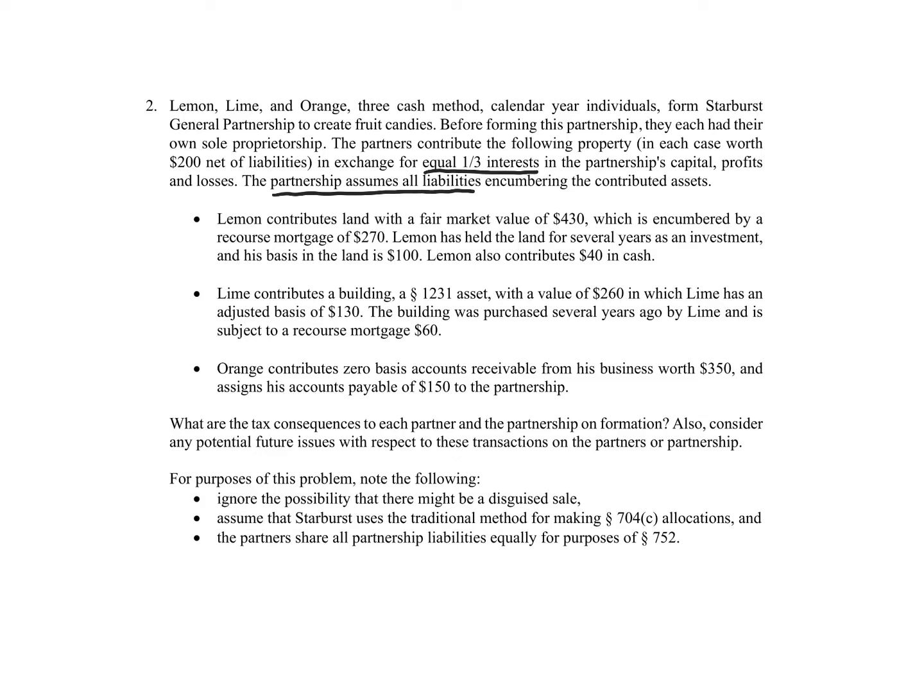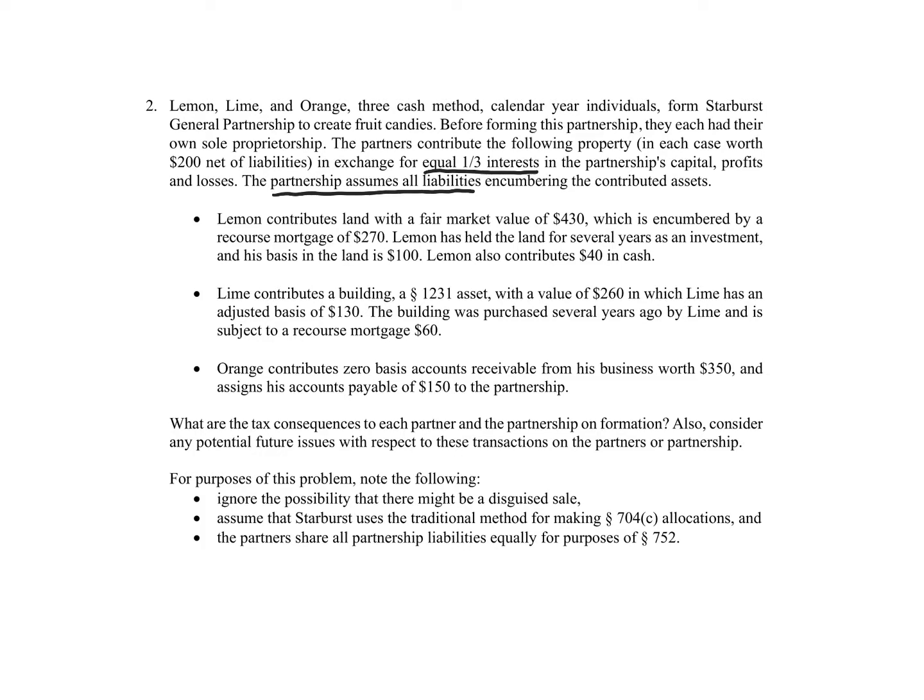The building has a value of $260 and has a basis of $130. There's a recourse mortgage on that of $60. Orange contributes 0 basis accounts receivable worth $350 and assigns his accounts payable of $150 to the partnership.